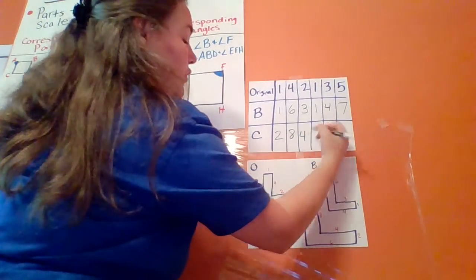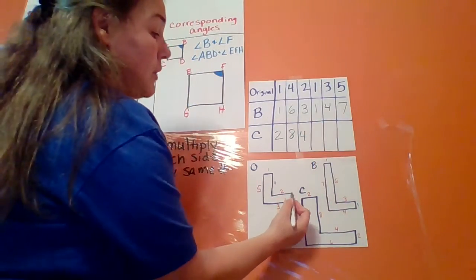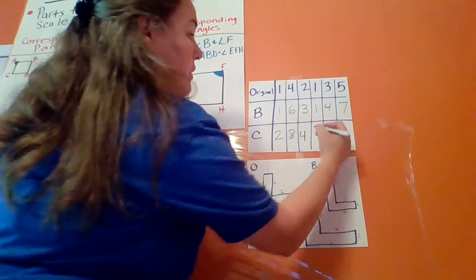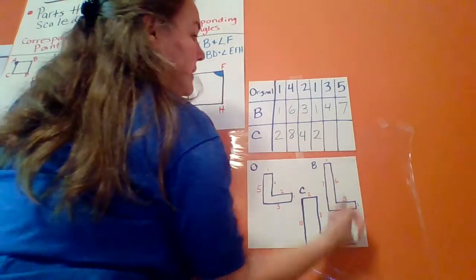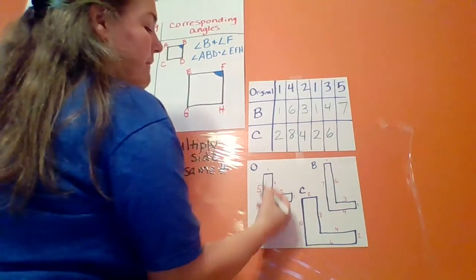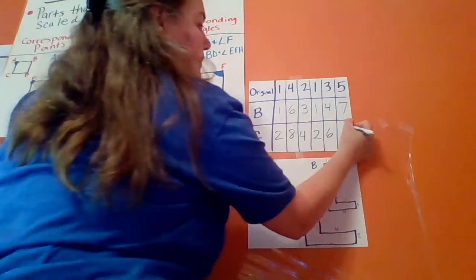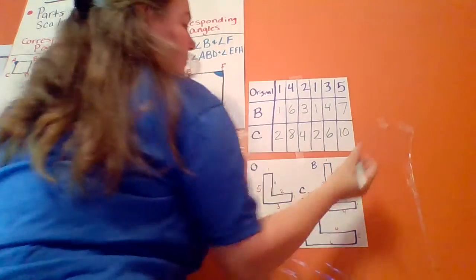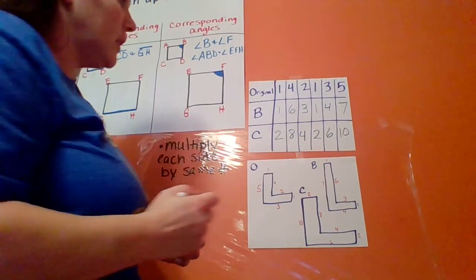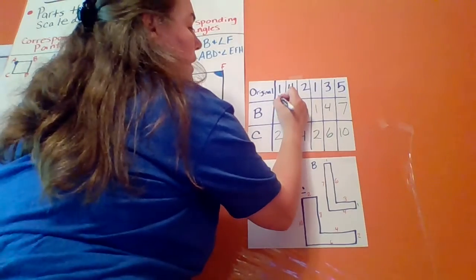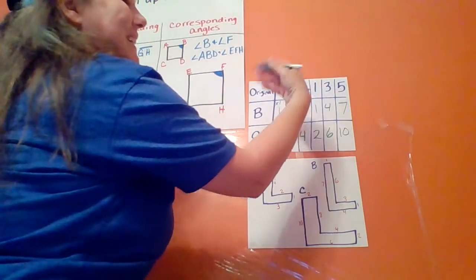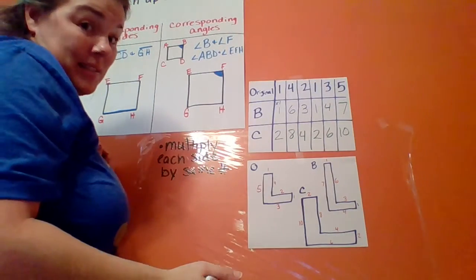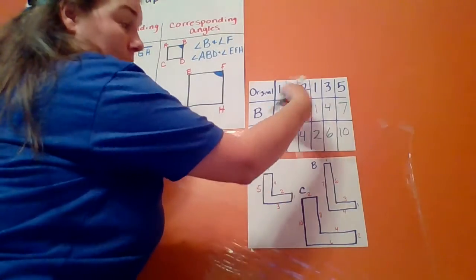So I'm just finding corresponding sides. 1, 2, 3, 6, 5, 10. And we knew 1 times 1 was 1, right? 4 times not 1. So that's why that was not it.